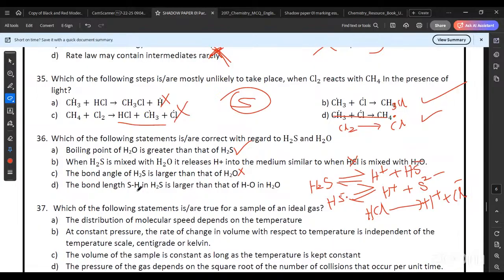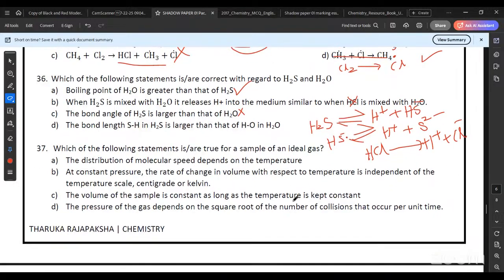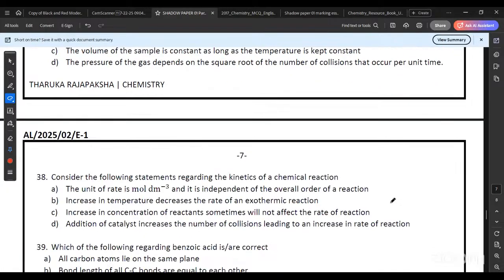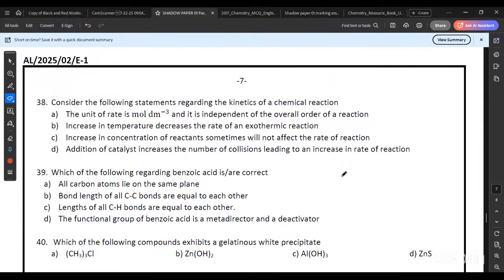Bond length of H-S in H2S is larger than H-O. When you're comparing bond length, people, first you have to consider the atomic radius. Again, sulfur is larger than oxygen. It's like this. Imagine there are balls: one is a big ball and the other one is a tennis ball. So this is hydrogen.